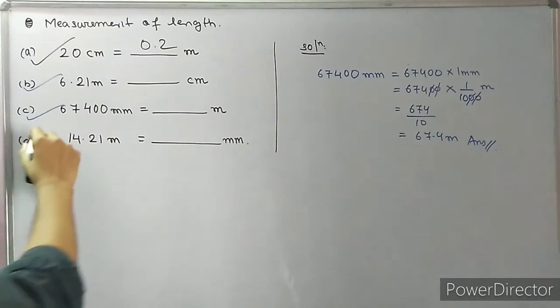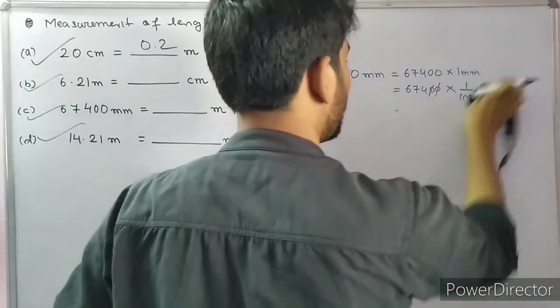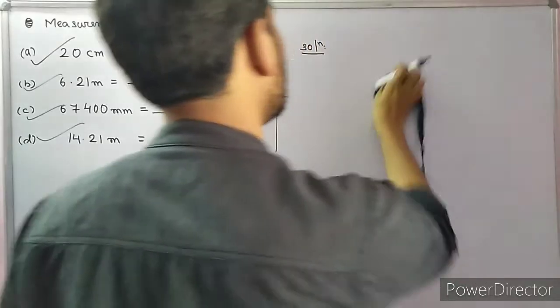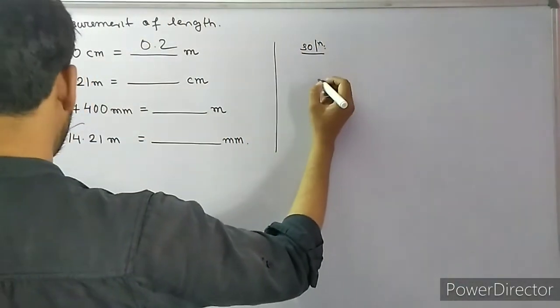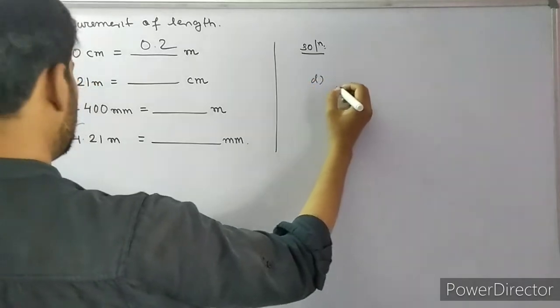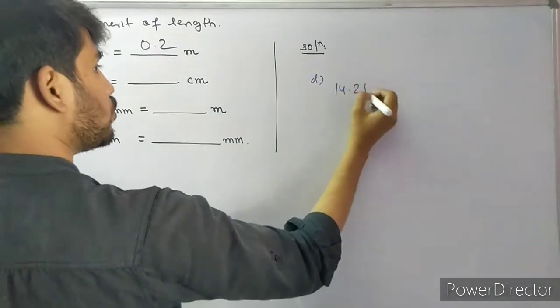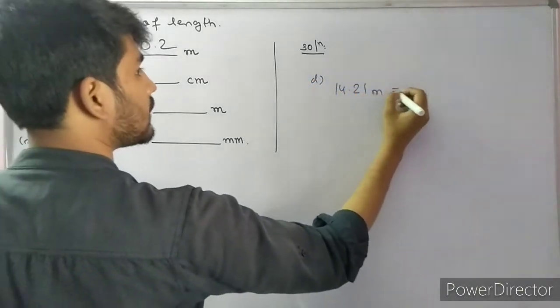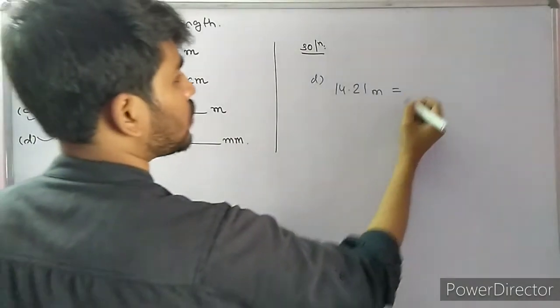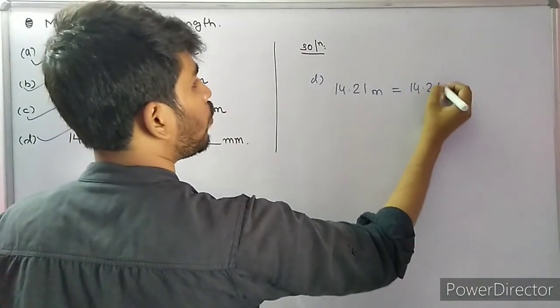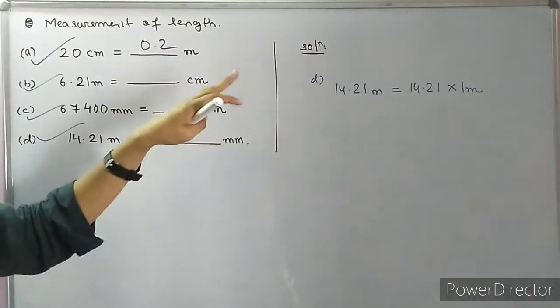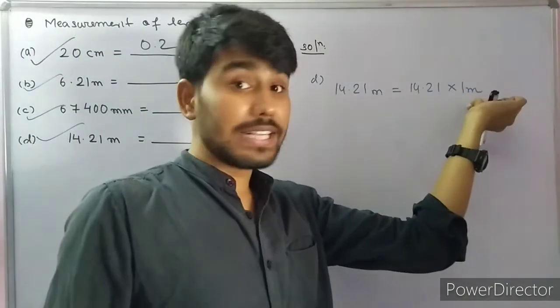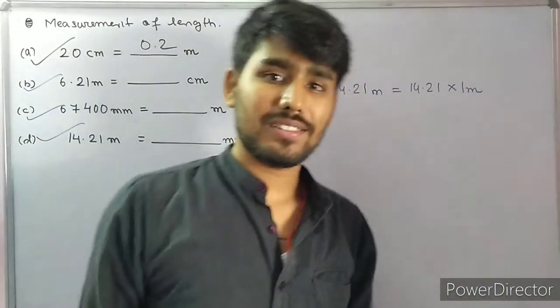Clear? Let's move on to the last part. So finally we have D. 14.21 meter is equals to how much millimeter? Let's do it. 14.21 into 1 meter. Now see, millimeter is a smaller unit, but meter is a bigger unit.